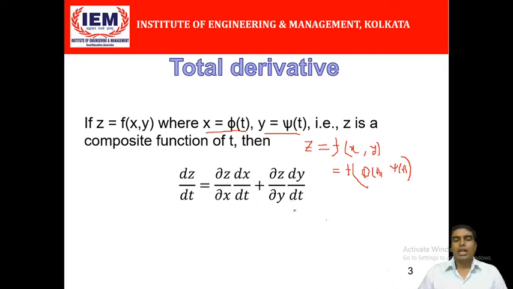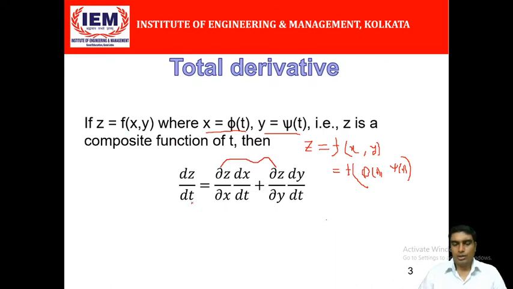Now here dx/dt, why? Because x is a function of t only and y is a function of t. So that's why the ordinary derivative comes, not the partial derivative, that is dy/dt and dx/dt. And similarly here in these two cases, as z is a function of two variables x and y, here the partial derivative comes.